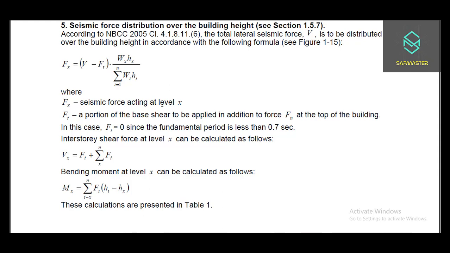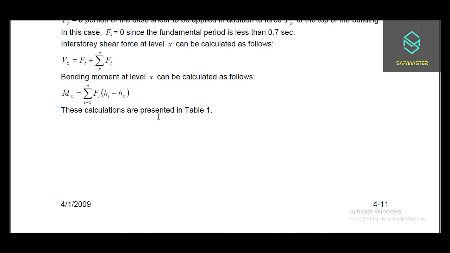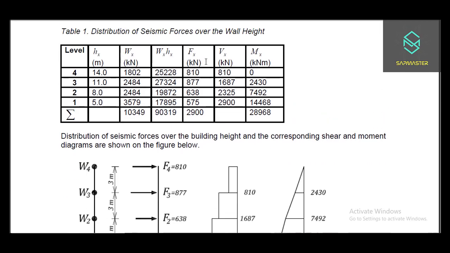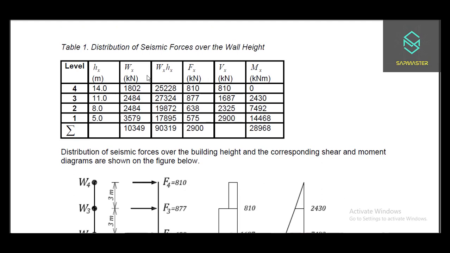And finally, when you want to calculate the interstory shear force at level X, you can use this formula. And the bending moment easily can be found by this formula. So after you found the Fi in each story, you simply need to multiply by this portion, which we have calculated for all of them in our table.